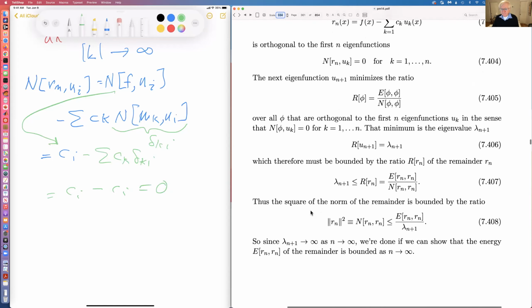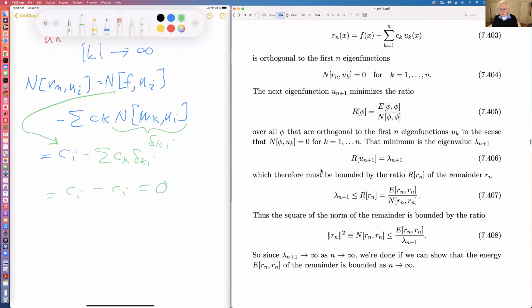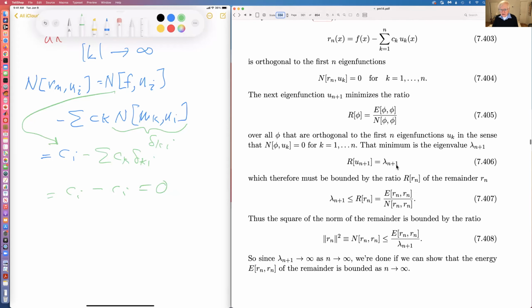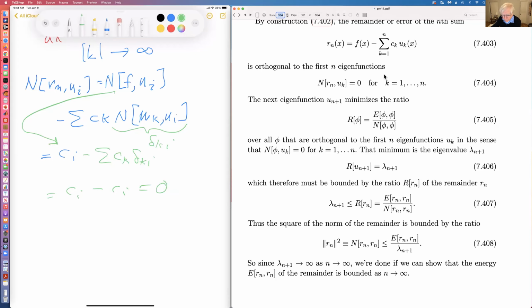And so R of u_{n+1} is lambda_{n+1}. And consequently, what we have here is that lambda_{n+1} is R.